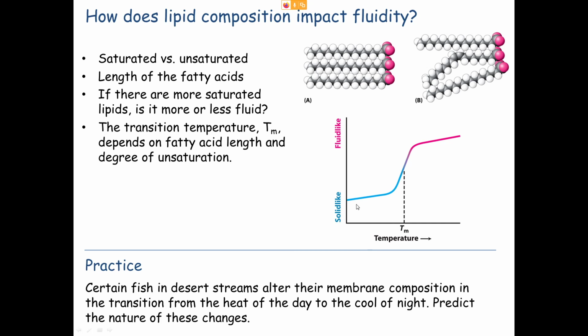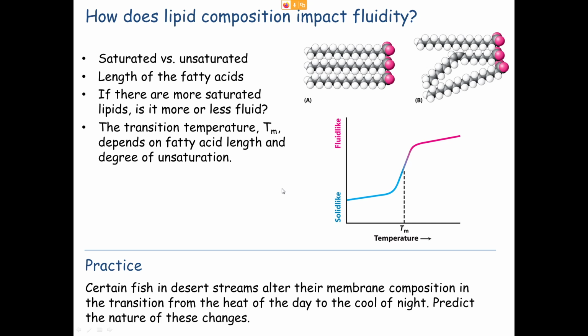So what this means is, if I have a membrane made of these materials, either all saturated or maybe with some unsaturation in it, and I measure its solid versus fluid-like recoveries over time, I get this plot. The point at which it is 50% fluid-like, 50% solid-like is called my melting temperature. That's our definition.